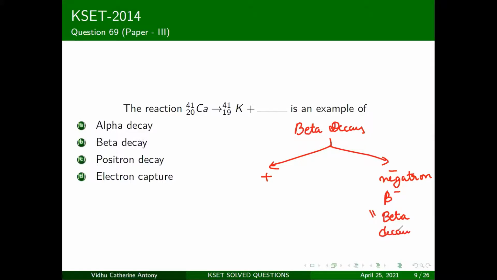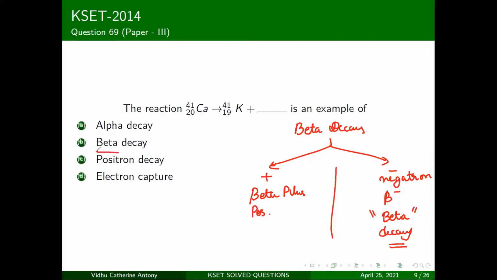Many textbooks or notes just say beta decay and assume it's beta minus decay. They don't really call this beta decay, even though it is. So here you have a beta plus decay or a positron decay, and that pretty much sums it up.